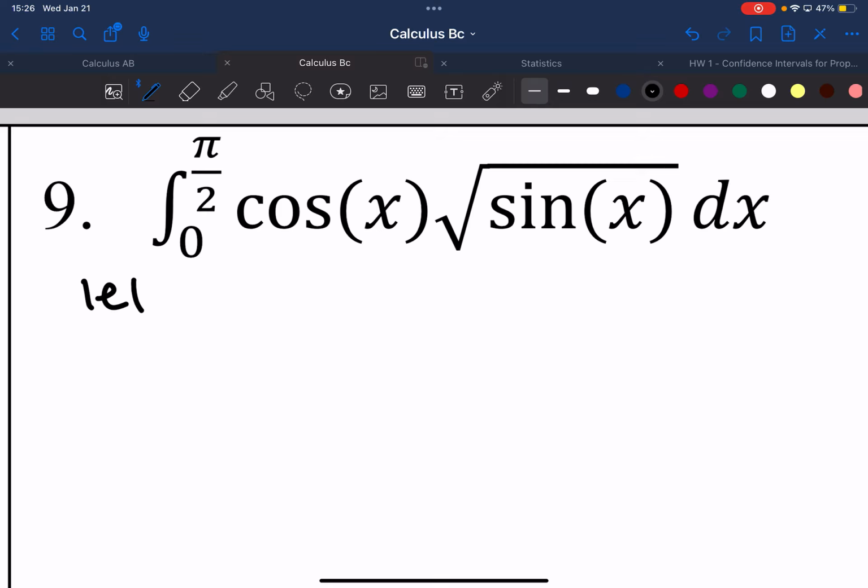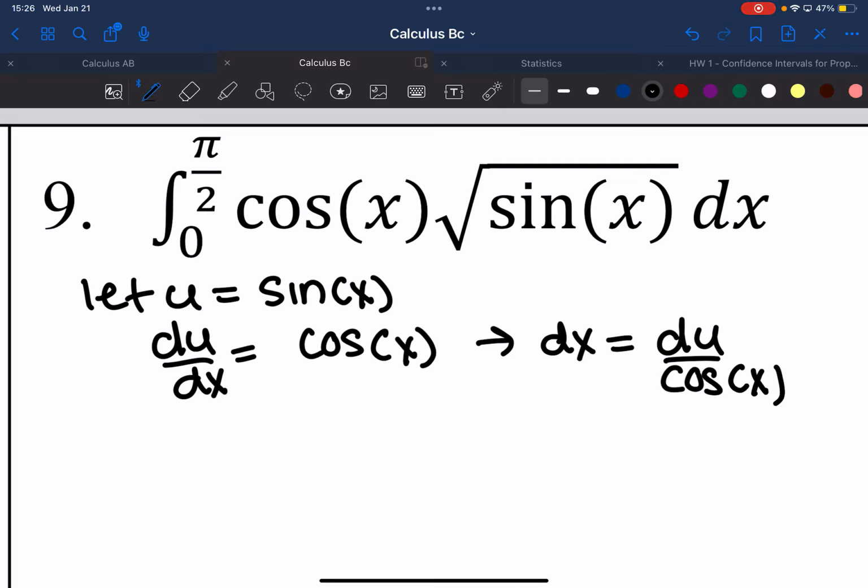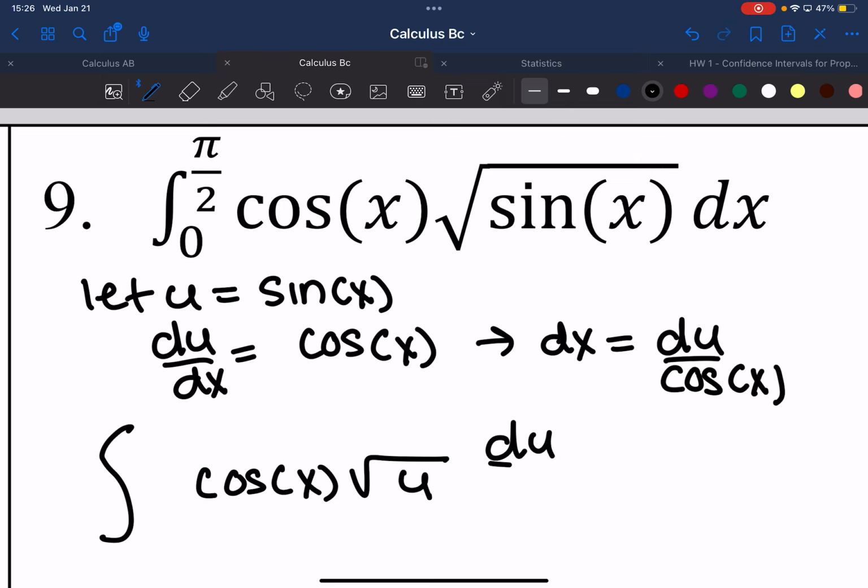Okay, so let u equal sine of x because that's the inside function. So du dx is going to be equal to cosine of x, which means that dx is equal to du over cosine of x. So plugging everything back in, I have cosine of x times the square root of u, du over the cosine of x.